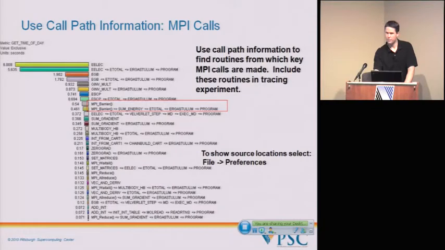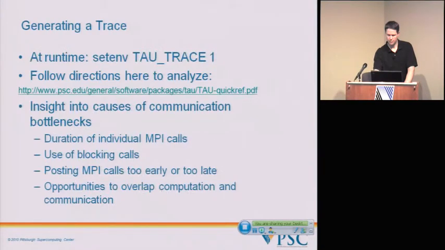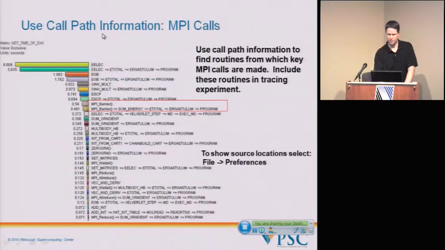Okay, so any question on that? So, as you prepare to do a trace, you would look at information like this, find those important functions and the ones that call them.